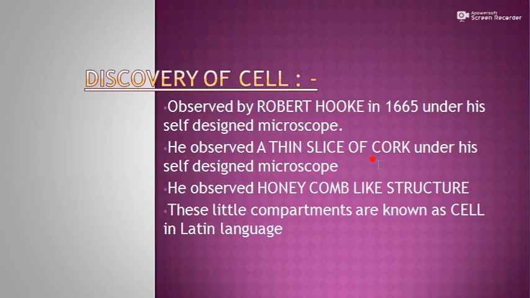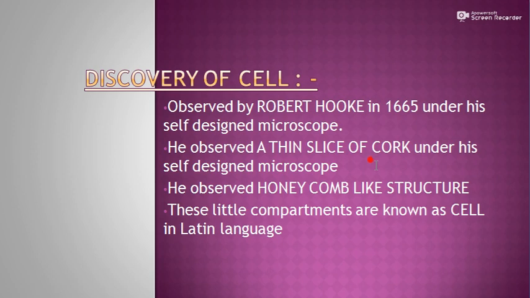Cork is the outer layer of the older stem, the woody layer that you can observe on the stem or trunk of a tree.